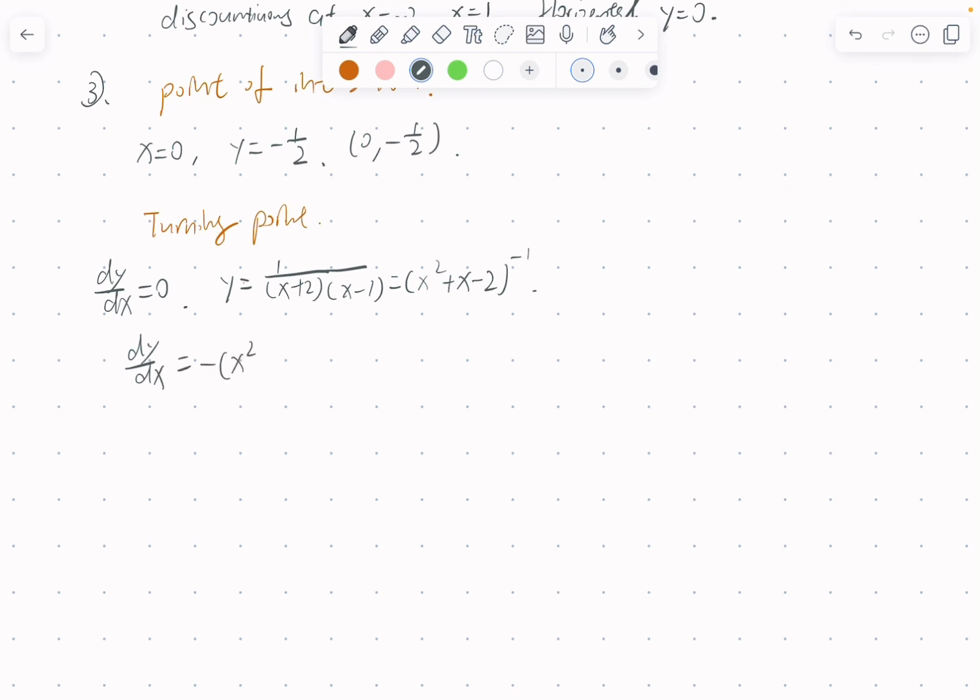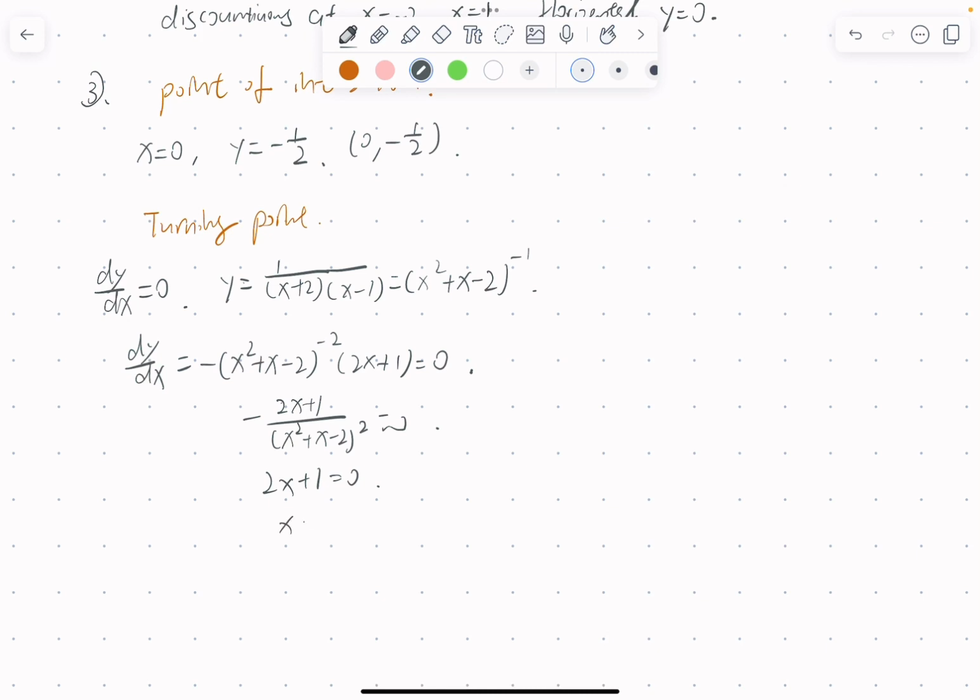So dy over dx equals minus (x squared plus x minus 2) to the power of minus 2 times (2x plus 1), so minus (2x plus 1) over (x squared plus x minus 2) squared equals 0. Because the numerator cannot be 0, 2x plus 1 equals 0, so x equals minus 1 over 2.